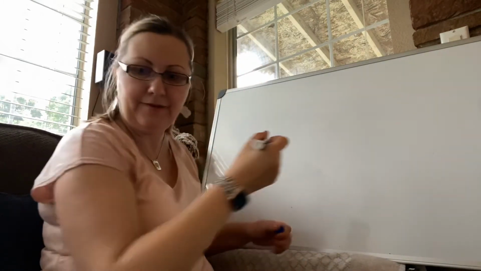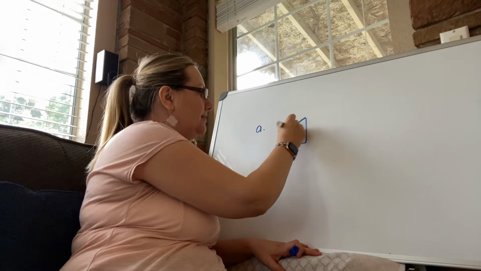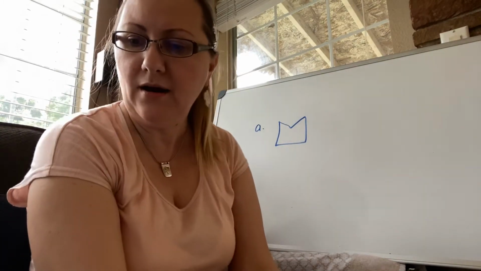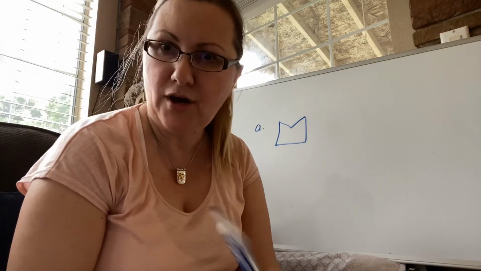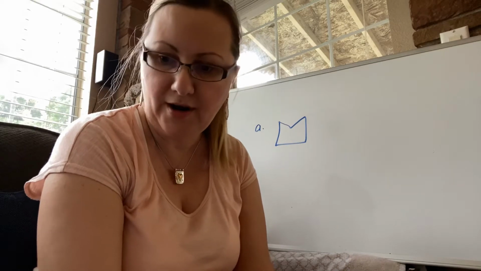So we have this shape that looks kind of like a part of a crown, and we are to copy that down on our paper and draw the lines of symmetry if there are any.